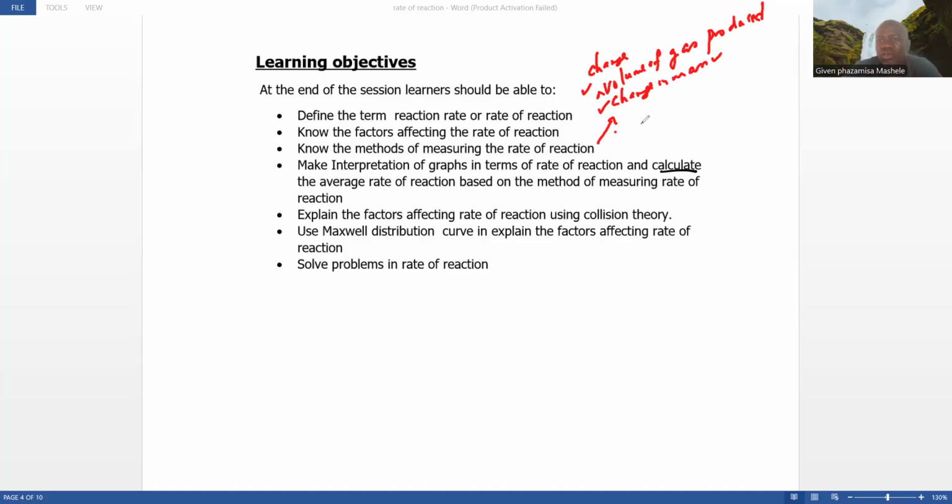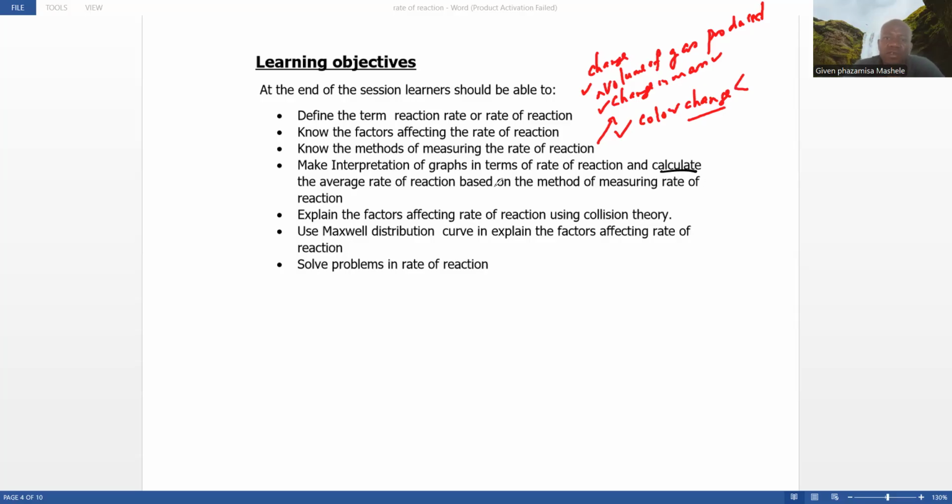And also we can look at the color change, usually by looking at the precipitate formation or the indicators in terms of color changing.